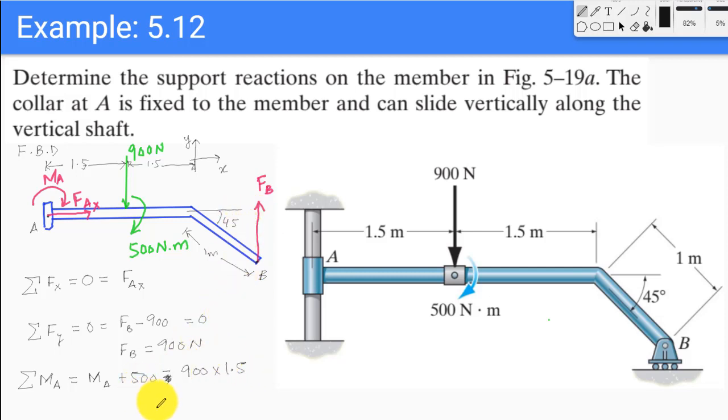And this last term would produce a counterclockwise moment, and because FB is again 900, I can just say 900 times, and the distance is 3 meters till this point, and then 1 times cos of 45 for this distance, so we get 3 plus 1 divided by square root of 2. And now we can solve this equation for MA.